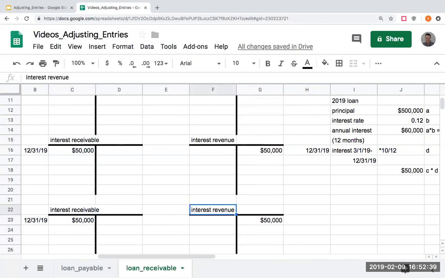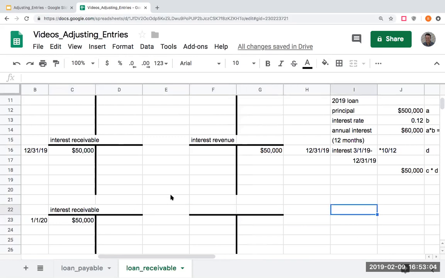Well, revenue is a temporary account, so this account is going to be closed out to retained earnings. But what happens to interest receivable? Well, my ending balance as of 12/31/19 becomes my beginning balance of January 1st, 2020. So here I'm going to have an opening balance of $50,000.